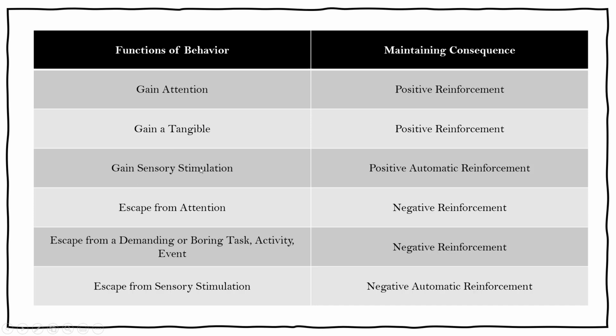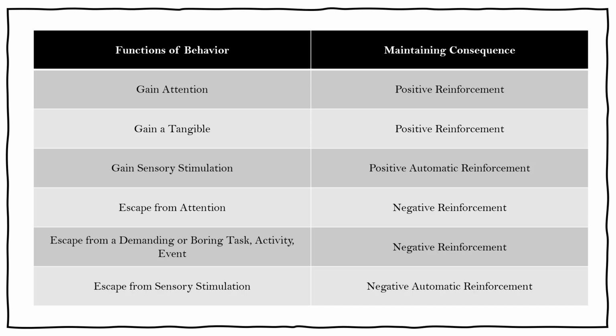But with sensory stimulation, we refer to it as automatic reinforcement because the behavior within itself produces the reinforcer. Sometimes our kids with autism will take the palms of their hands and press it against their eyes, and it produces this visual stimulation. That would be an example of gaining sensory stimulation because the behavior itself of pressing their palms against their eyes creates that visual stimulation.